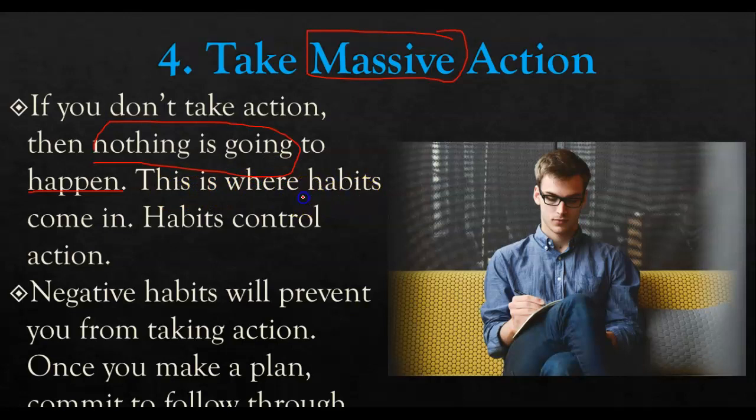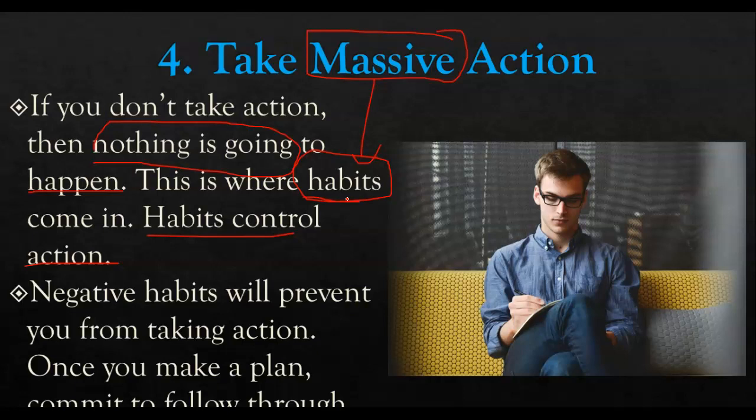So this is where habit comes in. This is another magic word. Massive habit. Why? Because habit controls action. Your habits control your action. So you need to build up habits. For example, you wake up in the morning, you know what to do.